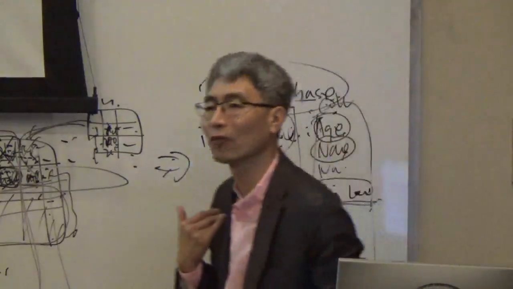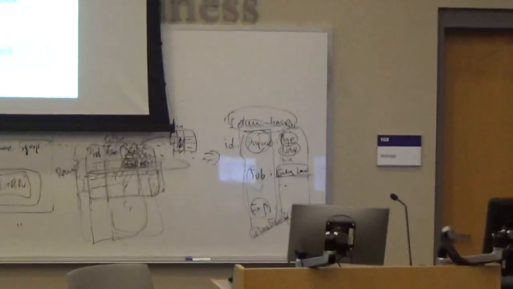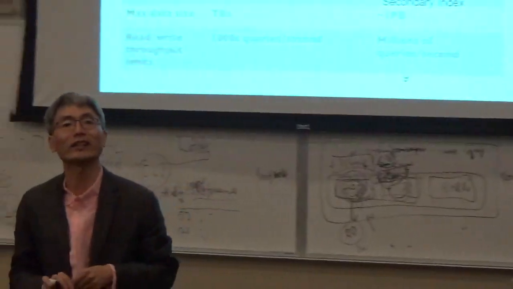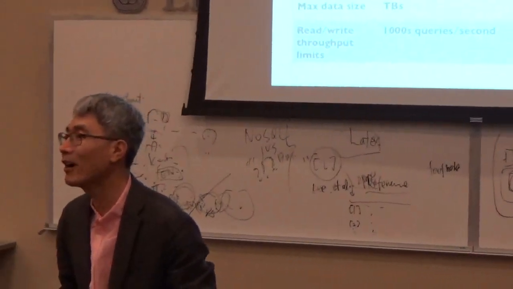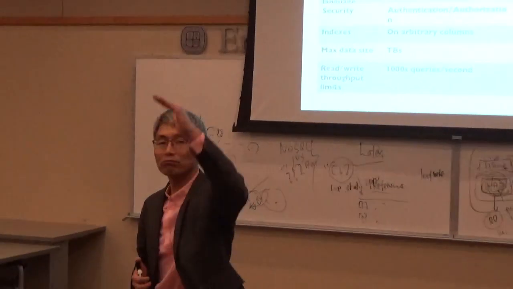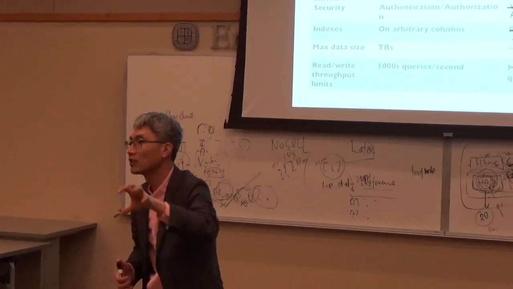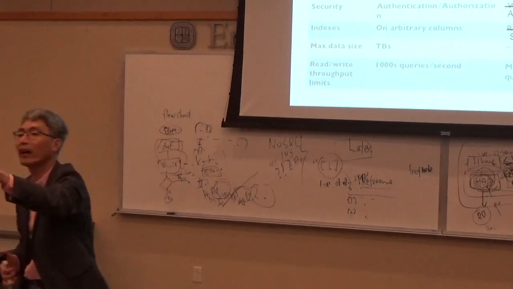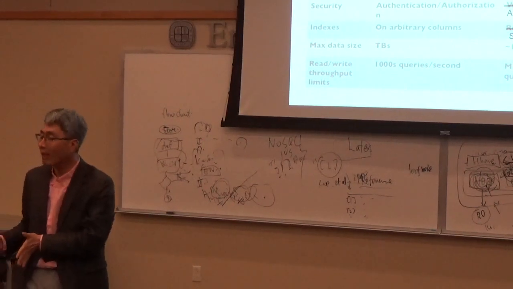Think about the JSON file. Or if you are taking a Python class, you know Python has a dictionary. Does the dictionary have a fixed schema inside? No, you can add any item inside, and inside the item you can add more. It's not a fixed schema.